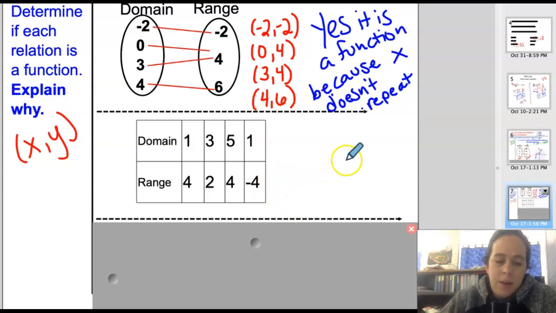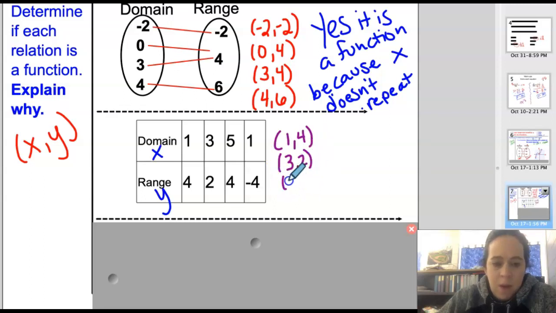So here is a table. Remember, go ahead and pause it, and then we'll check back in. If you write these down, the domain, remember, is the x, and the range, remember, is the y. So if I list this first one as an ordered pair, I'd have the point (1, 4). The second one would be (3, 2). The next one would be (5, 4).